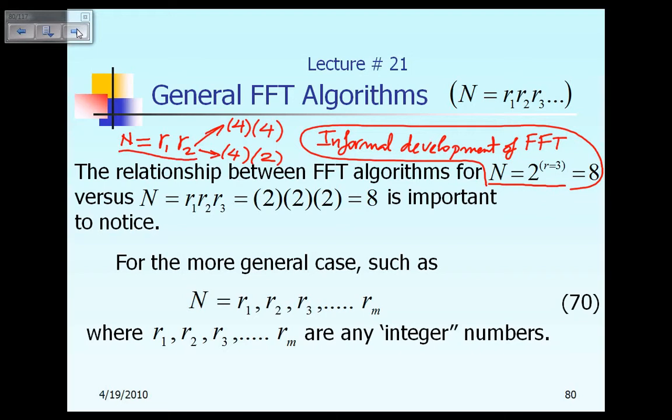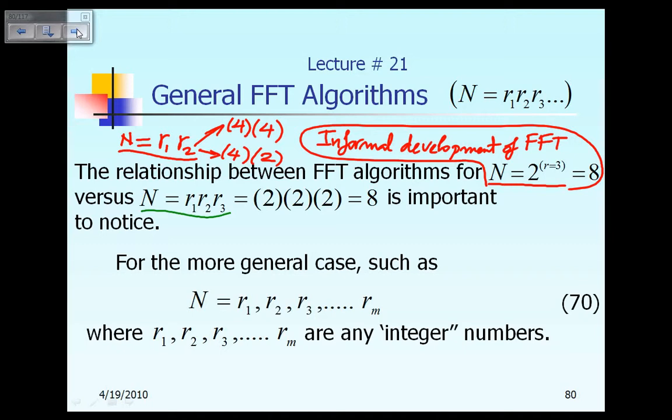So now we want to generalize the concept a little bit more. Now we ask, how about if capital N is equal to the product of three integers, r1 times r2 times r3, where each of the integers r1, r2, r3 could be any integer, doesn't matter.